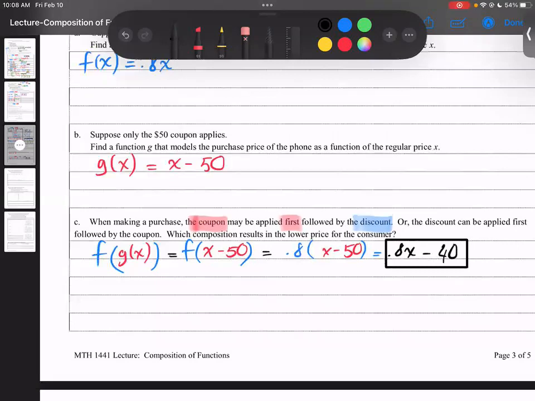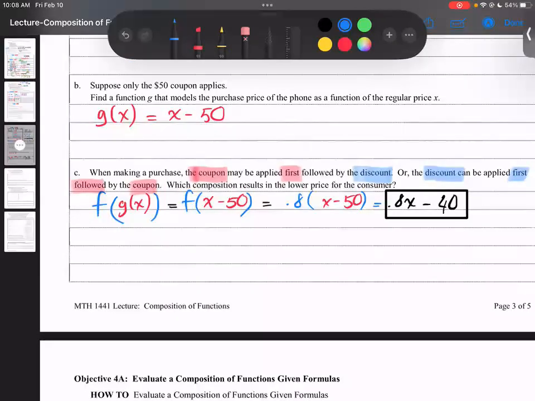What about the other way around? What if you use the discount first, followed by the coupon? So discount first means that's your inside function. Discount is the blue function. And then the coupon is the outside function. f of x is 0.8x.